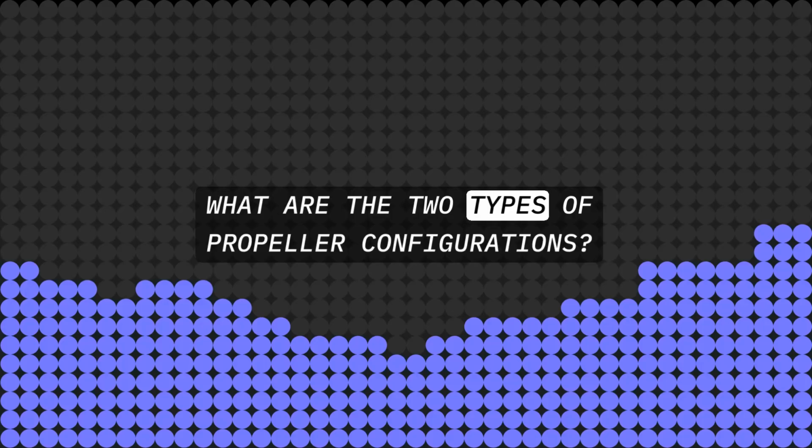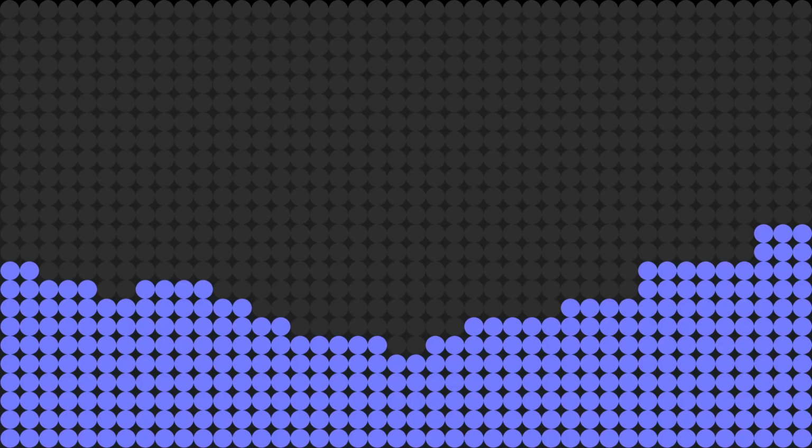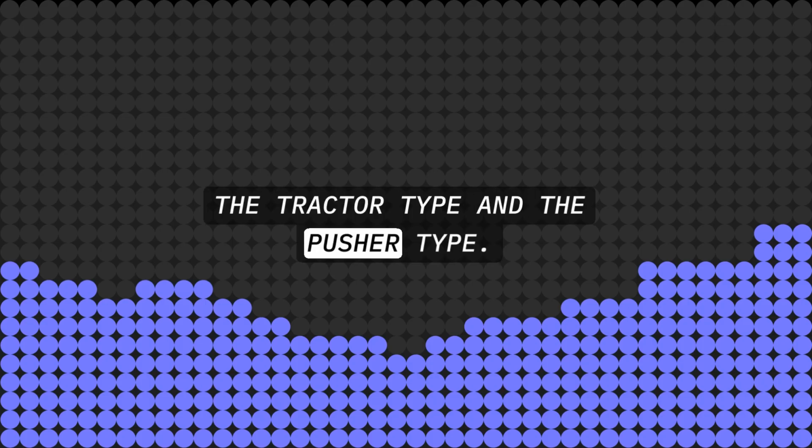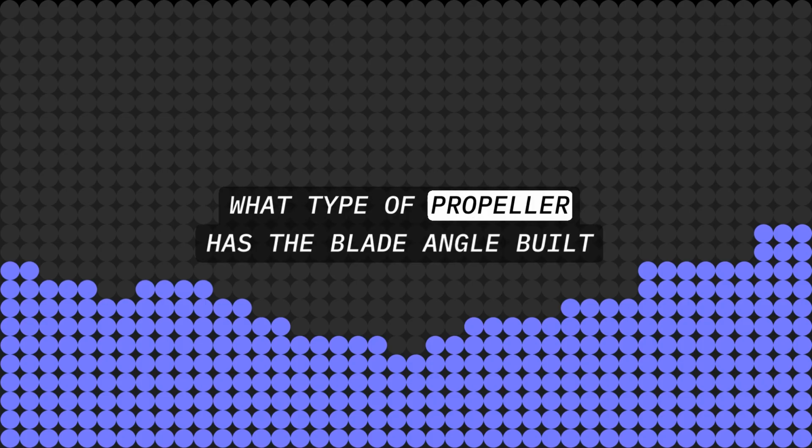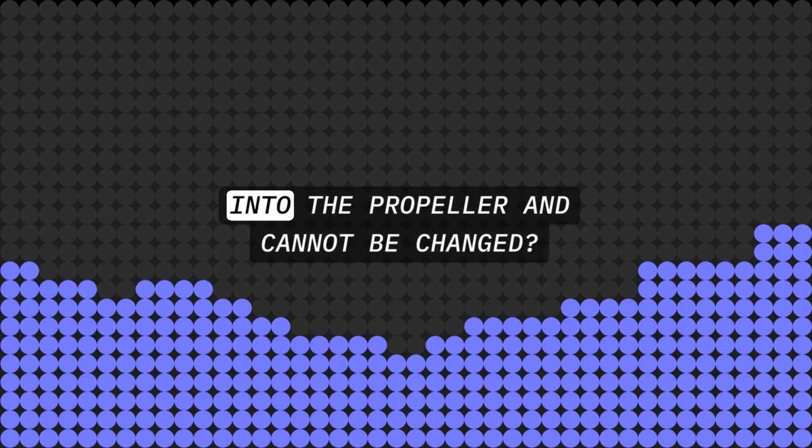What are the two types of propeller configurations? The tractor type and the pusher type. What type of propeller has the blade angle built into the propeller and cannot be changed?